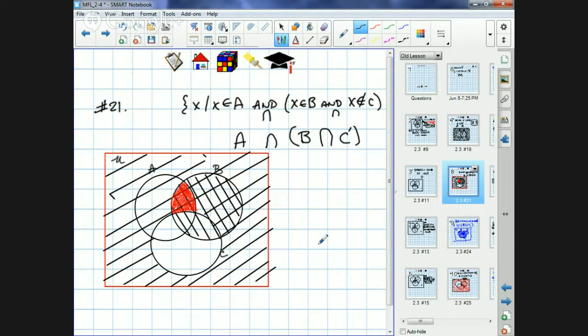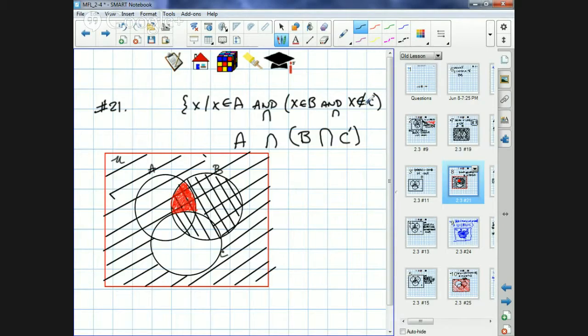So it's actually two overlaps. That's why I used another color. B intersects C complement. How did you get the complement of C?